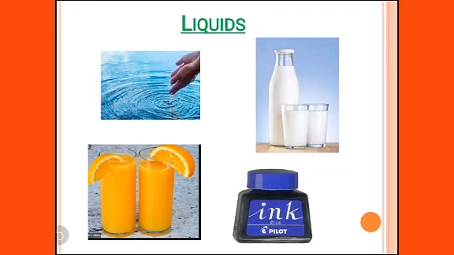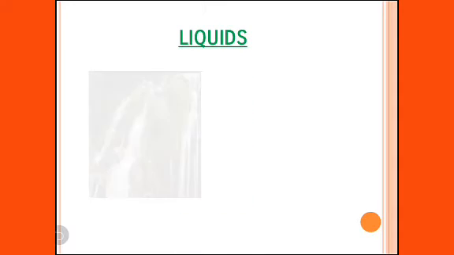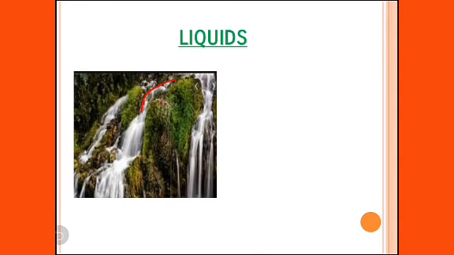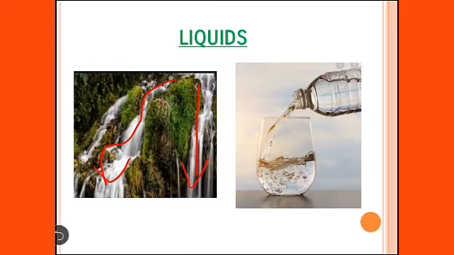Like here, you can see milk bottle as well as glass, and it is taking the shape of both the containers. And another important thing is liquid will always flow downwards, and here you can see that it can also be poured easily into another container.